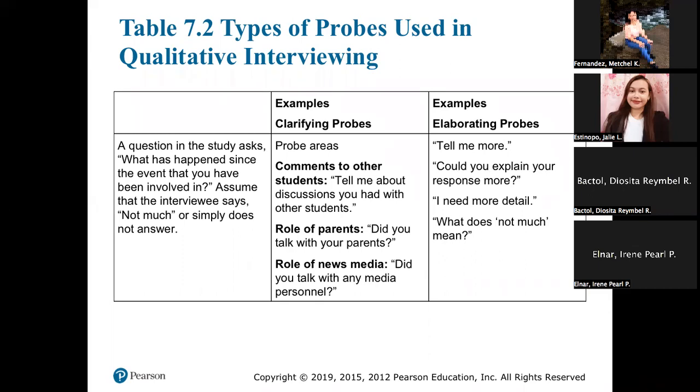Then you need a follow-up. Could you explain what you mean by blah, blah, blah? Or the statement presented on the slide, tell me more about it. Or what does it mean when you say blah, blah, blah? You're not able to get what is mentioned in the answer, so you need to have a follow-up question. We call that elaborating probes.